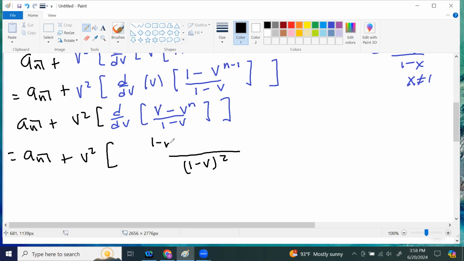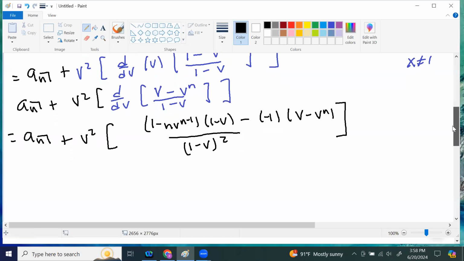That's going to be (1 minus n v^(n-1)) times the bottom minus, well, the derivative of the denominator is just negative 1, times (v minus v^n). So we calculated this derivative, and let's get rid of the denominator like so.